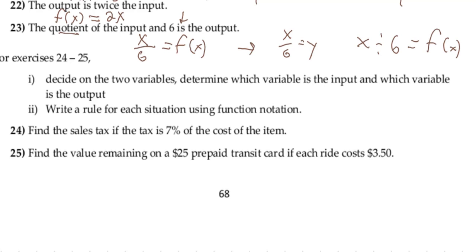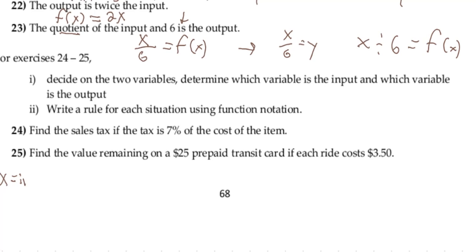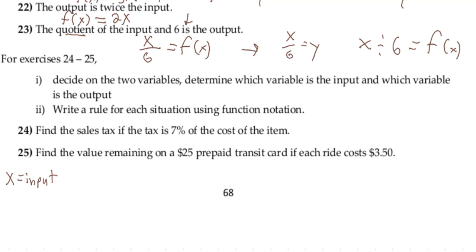So I guess I'm going to say x, that's going to be my input, and that's going to equal number of rides, and I'll say y is my output, and that's going to be equal to value remaining.